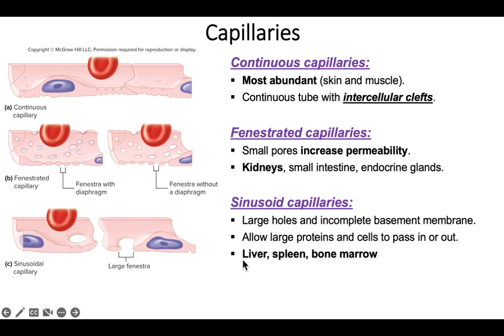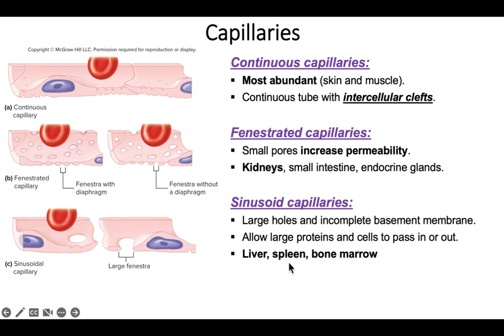I want to talk about liver, spleen, and bone marrow as being organs that have sinusoid capillaries. Liver produces a lot of proteins, and those proteins are fairly large, too big to go through these smaller holes, so you need larger holes. So the proteins are made by the liver, and then they get put into your circulation through these sinusoid capillaries.